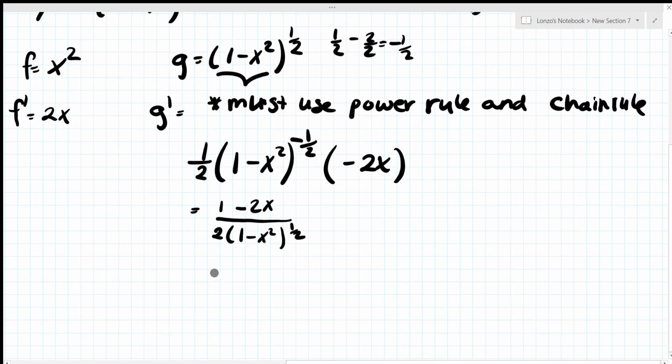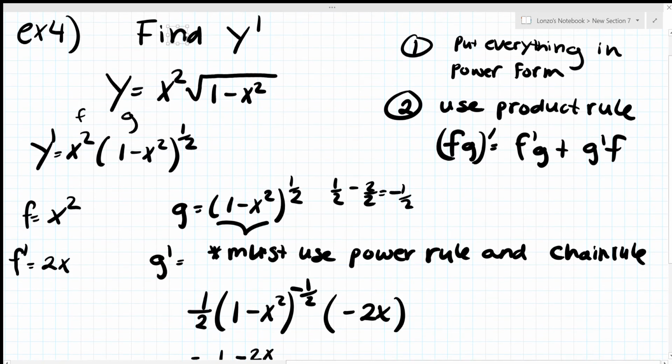Oh, this simplifies as negative x all over the square root of 1 minus x squared. Okay, so we found f prime and we found g prime. So we're going to use the product rule. It's f prime times g plus g prime times f.